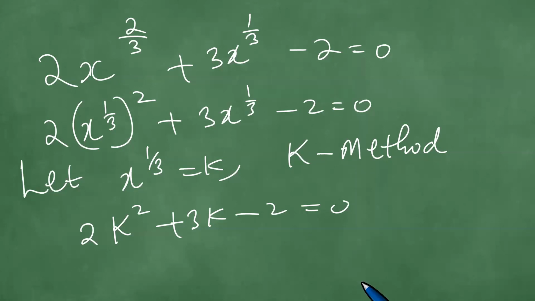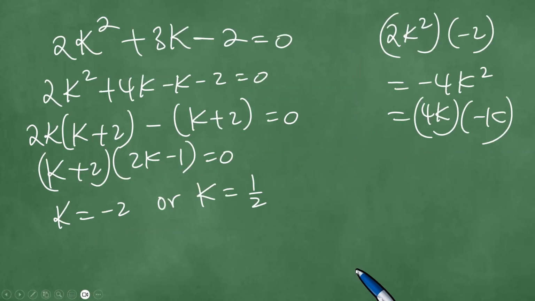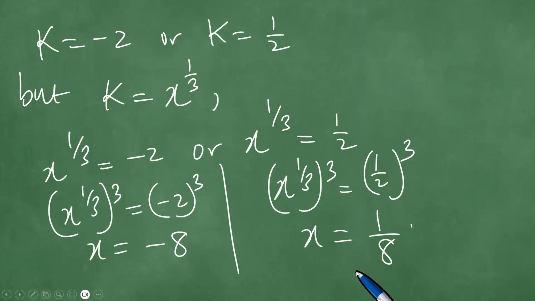Okay, I just need to cross-check: 2x to the power 2/3 plus 3x to the power 1/3 minus 2 equals 0. I'm just checking. Okay, there are two solutions to this problem, namely -8 or 1/8.